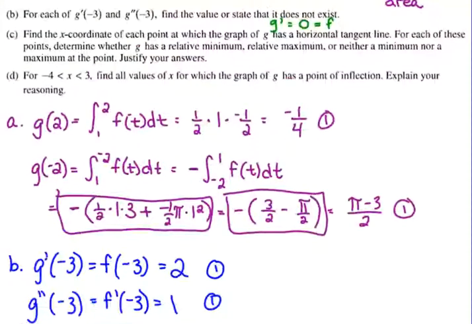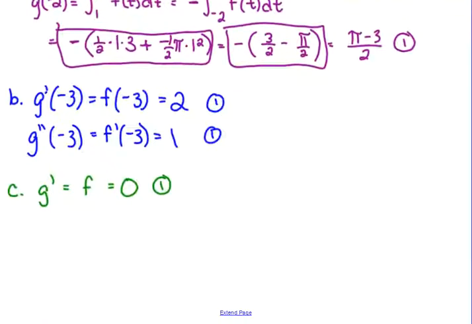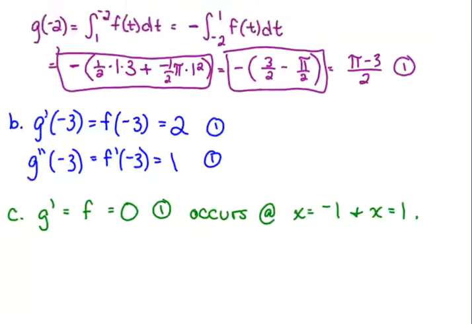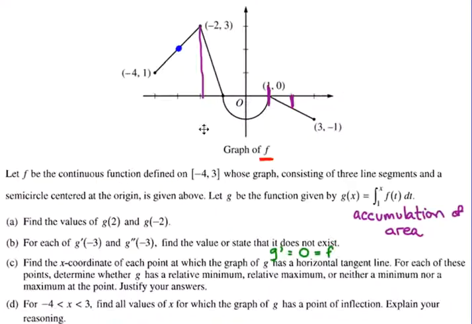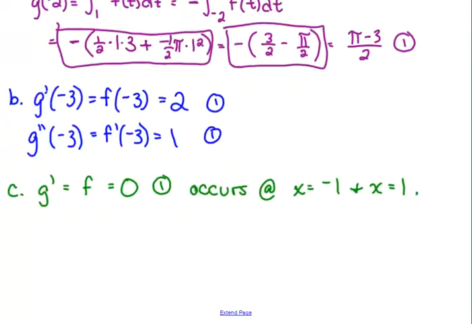So let's see where that happens. Where does F equal 0? At -1 and +1. So it occurs at x equals -1 and x equals +1. It says we need to identify whether it has a maximum, minimum, or neither. So at -1, what's the change? We're changing from positive to negative, so that means we're changing from increasing to decreasing, so that's a maximum.